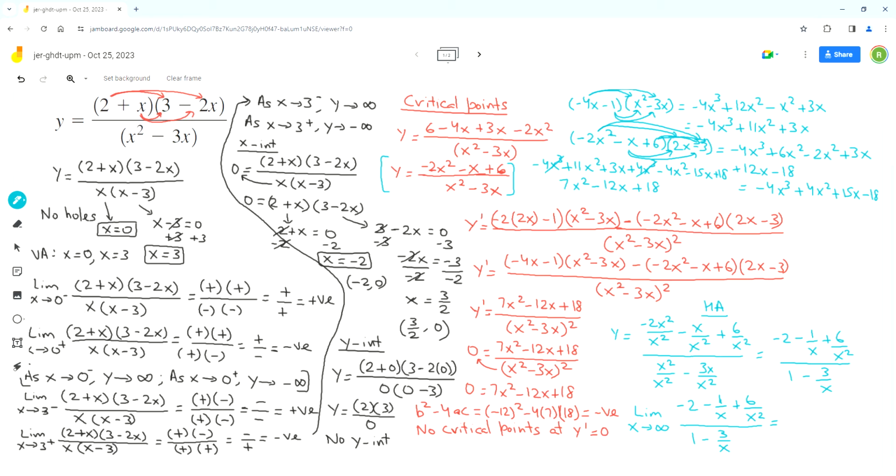Now if we apply the limit, we get negative 2 minus 1 over infinity plus 6 over infinity squared, over 1 minus 3 over infinity. Now we know that 1 over infinity is equal to 0. So in the numerator, we'll be left with just negative 2. And in the denominator, we'll just be left with 1, which is equal to just negative 2.